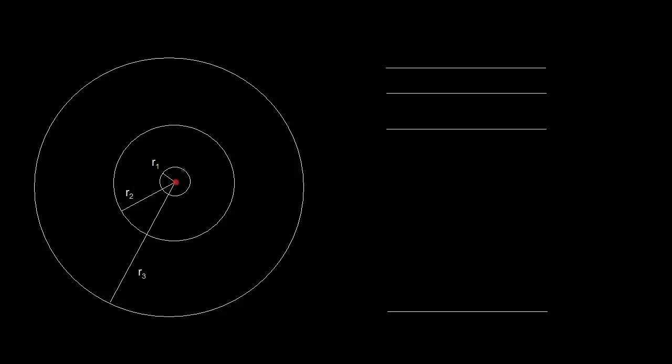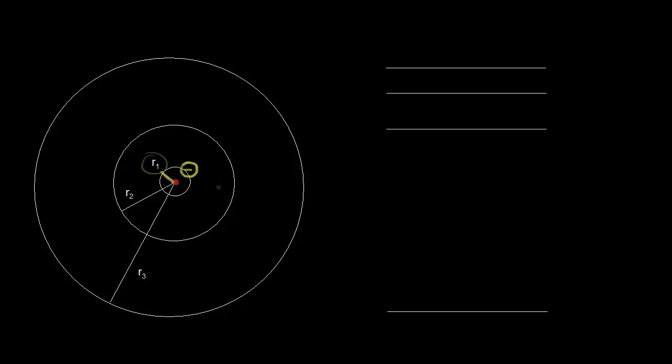So I'm going to draw an electron here, again not drawn to scale, orbiting the nucleus. The positively charged nucleus attracts the negatively charged electron. I'm saying that electron is orbiting at r1, this first radius right here. So r1 is when n is equal to 1.